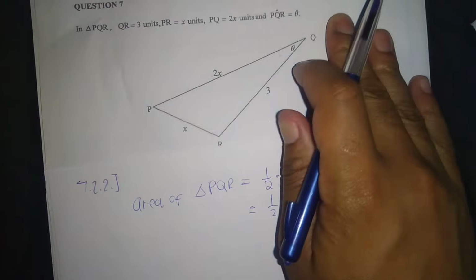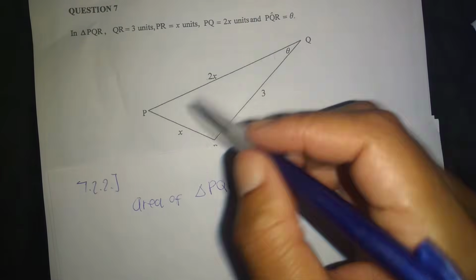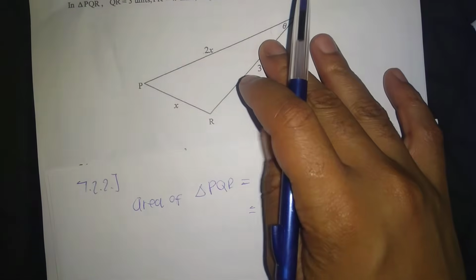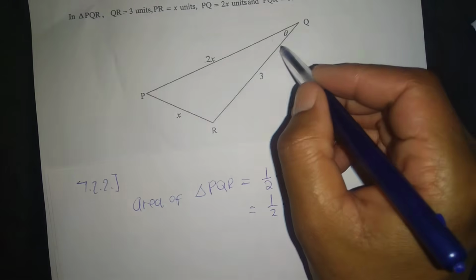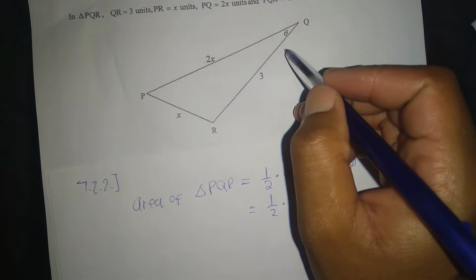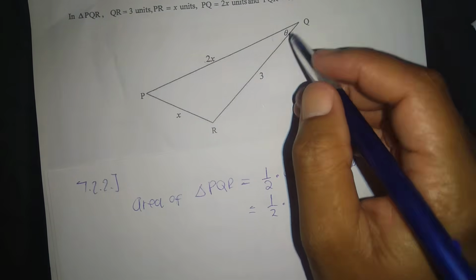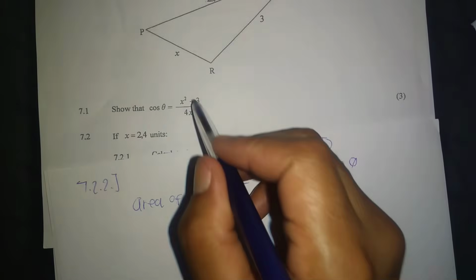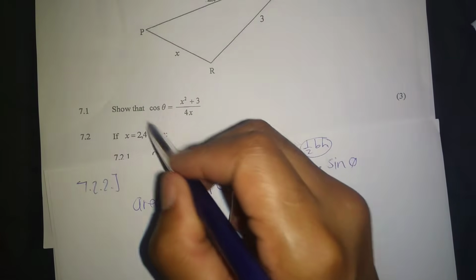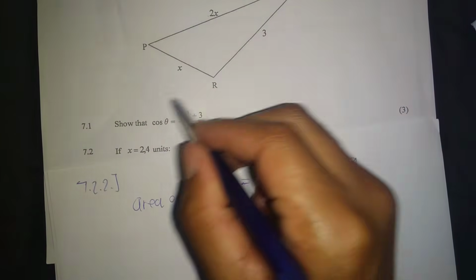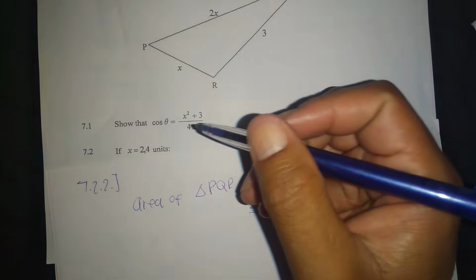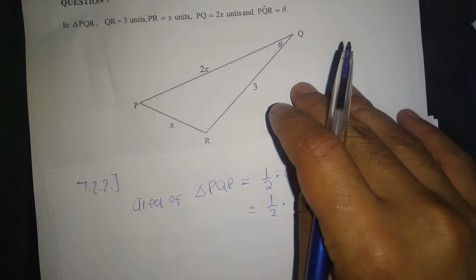Just as in the cosine rule in the first question, 7.1, we used this angle to calculate the area. We use the cosine rule.